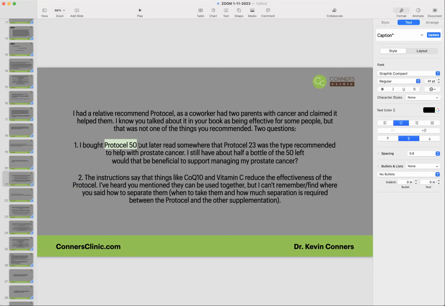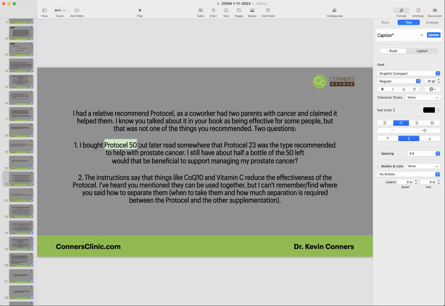I think with Protocell 50, it's every 5 hours or every 4.5 hours. You have to take your other supplements at hour 2.5, right in between doses. So let's say you take your Protocell at 8 o'clock, and then at 12:30, you take it again. You have to take your other supplements at 10:30.